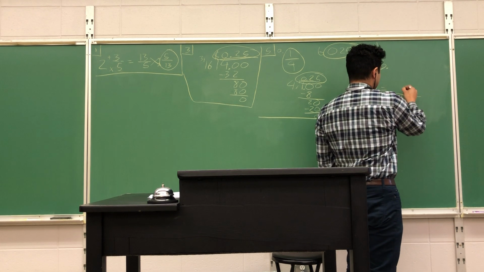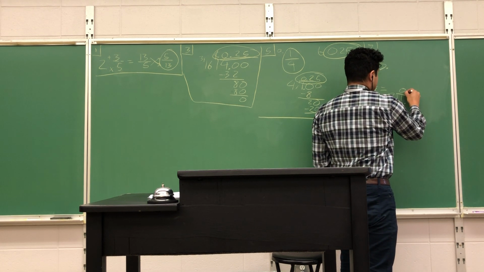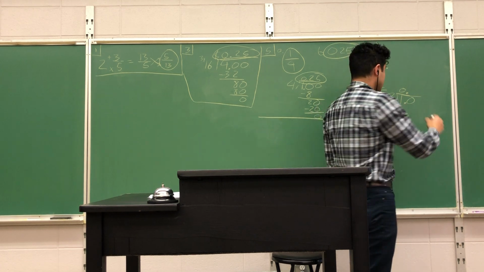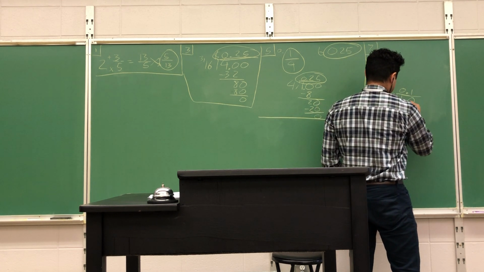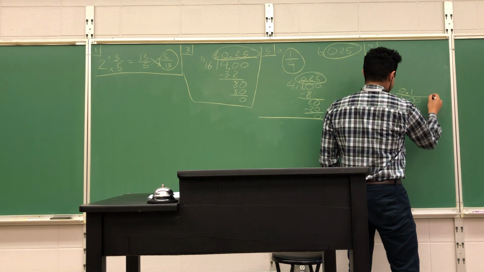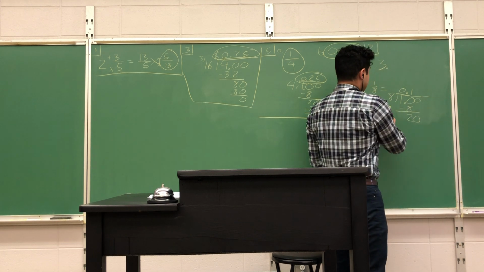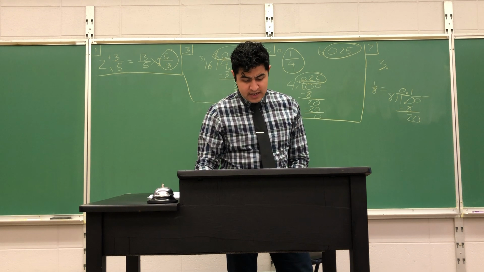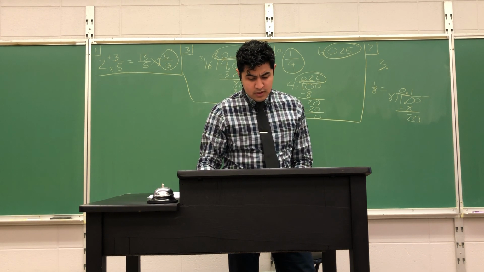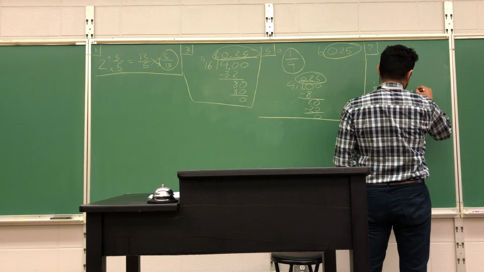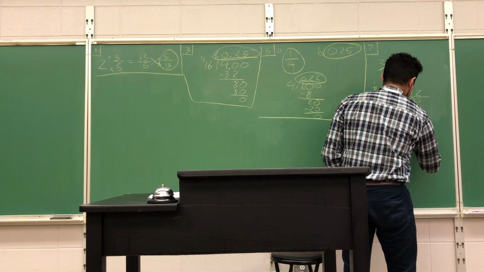8 does not go into 1, so we write our 0, put our decimals in the correct place, then we add a 0. 8 goes into 10 one time, and so we write that, subtract, down. All right, now 8 does not go into 10 evenly, so we continue reducing here, so it goes into it 2 times. 8 times 2 is 16.